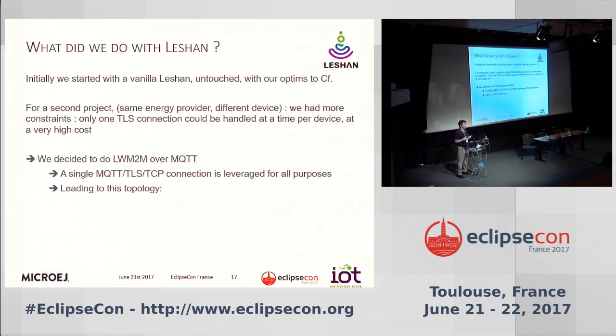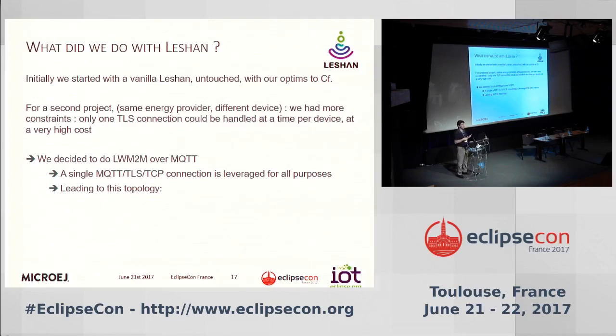We already had to have a TLS connection for MQTT, and we could not afford a second TLS connection on the device because, you know, the cryptography algorithms involved and the buffers involved in TLS were too expensive for a device.